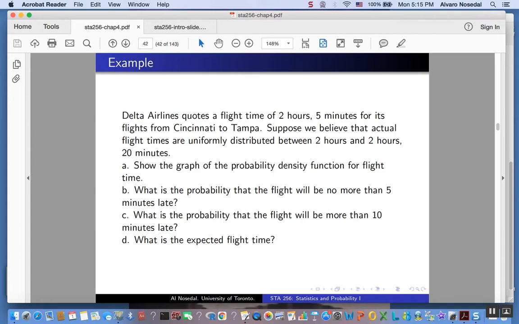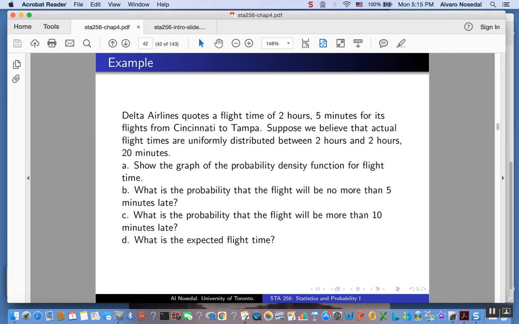So take a look at it, read it. Got it? Make sense? So in this case, the random variable of interest is the flight time from Cincy to Tampa.